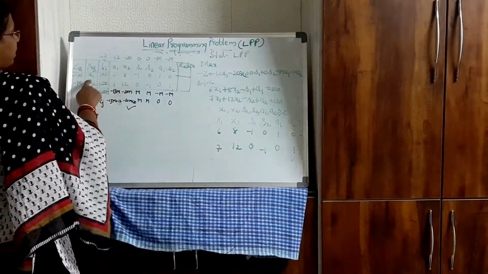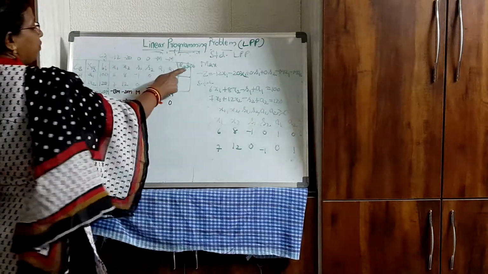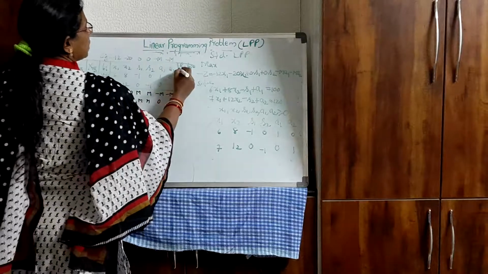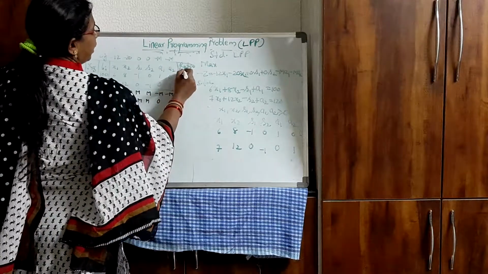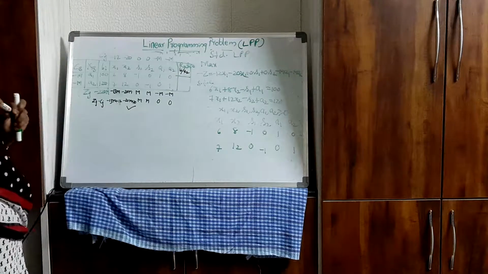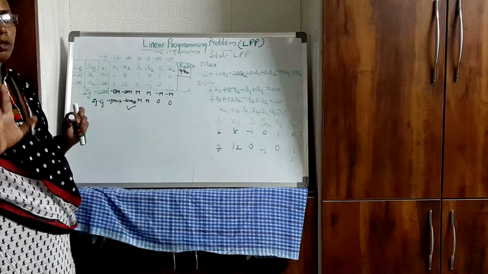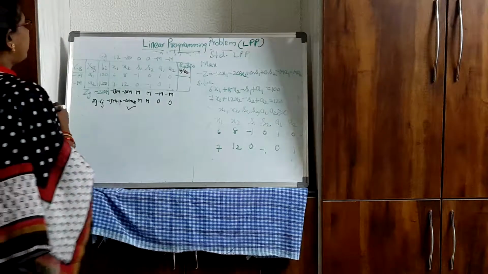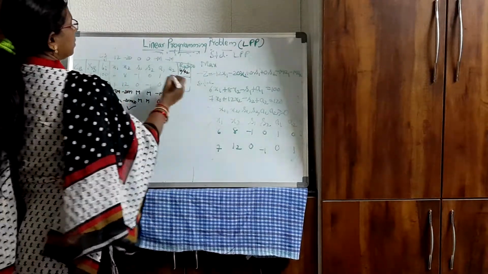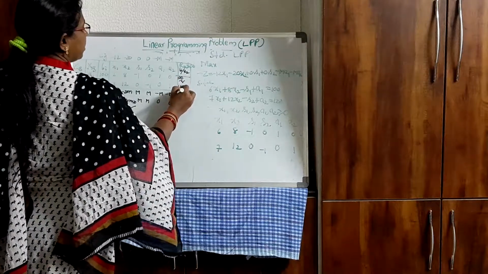Now for this one to enter the basis, you should find which one will leave the basis. So for that you will find this ratio. So ratio is BI divided by x2, that means the most negative column. And that ratio should be computed only for those elements which are greater than 0. Okay. So here 100 by 8 and here you have 120 by 7.